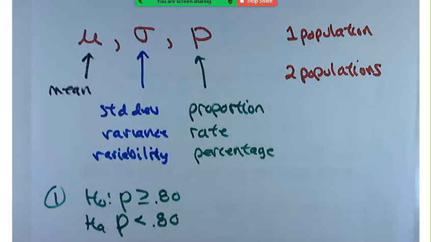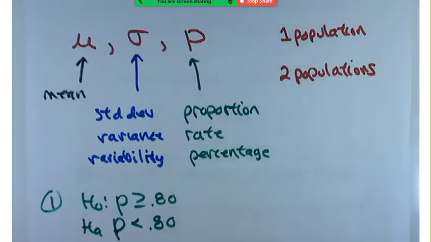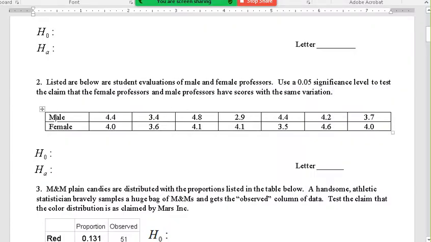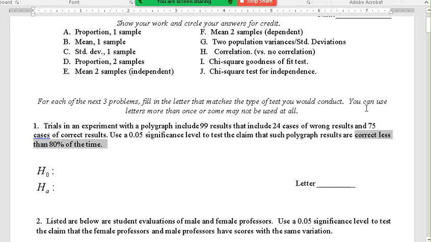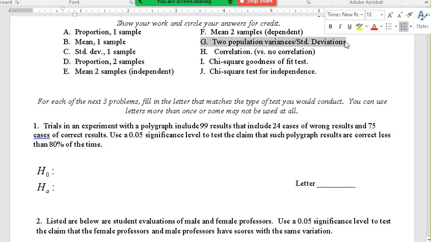The next thing we need to decide, is it one population or two populations? Well, let's look back here. We've got male and female professors. Each one has a row of data. What do you think? Want to go out on a limb? How many populations are here? Two. Yeah, two populations. So if it's two populations and it's variability, then, oh, there you go.